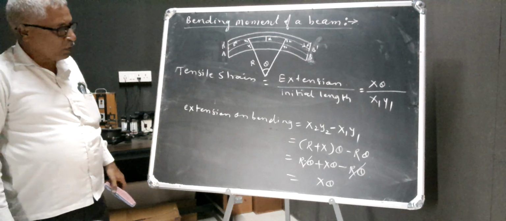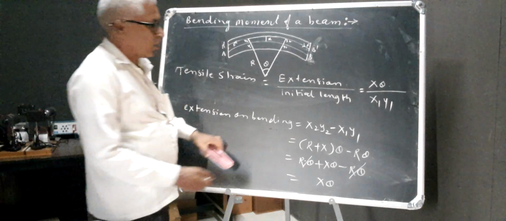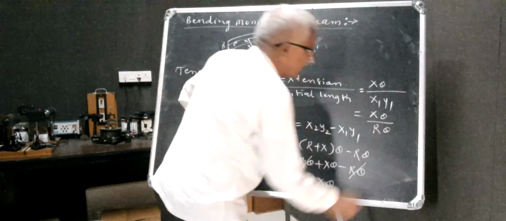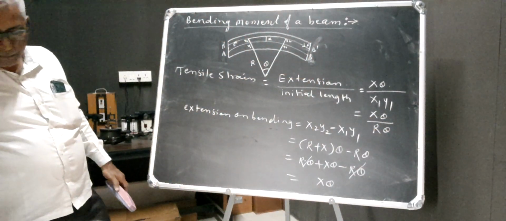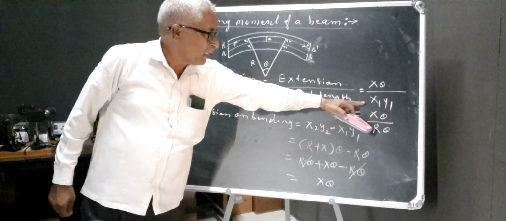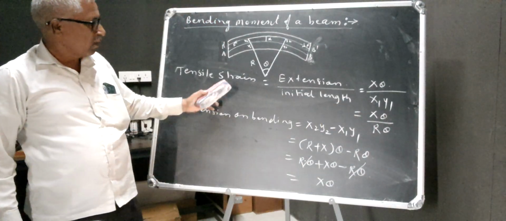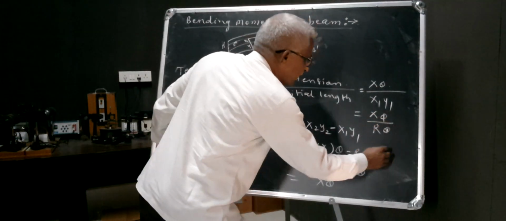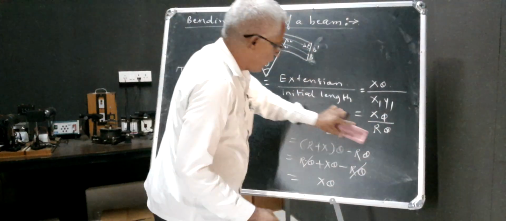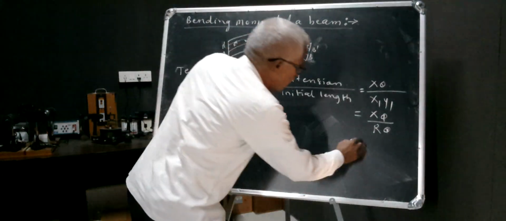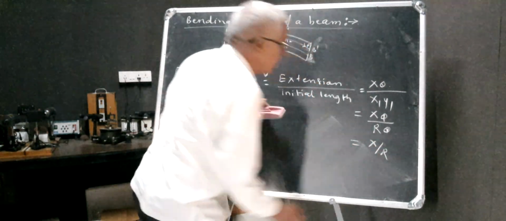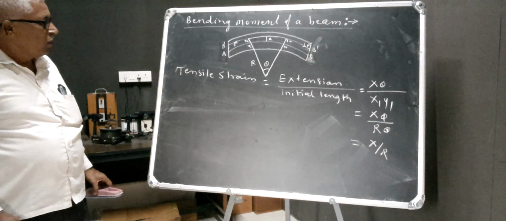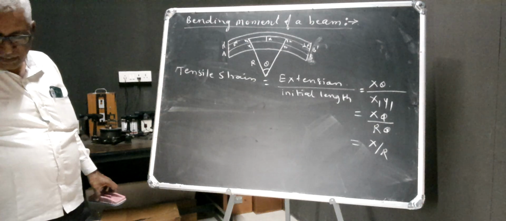Here we put x1 y1 equals r theta. Therefore x theta upon r theta, the theta gets cancelled, and lastly we get x by r only. This is the tensile strain.